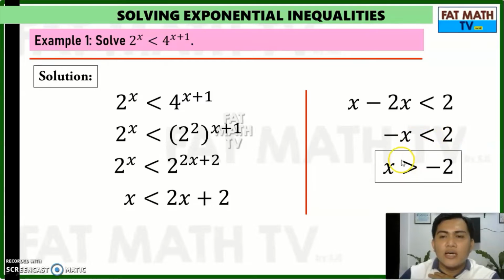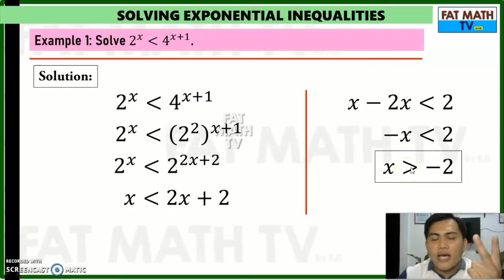That's the multiplication property of inequality. If we multiply a positive number to both sides, the inequality symbol is retained, but if we multiply a negative number, the inequality symbol will reverse. The less than will become greater than.